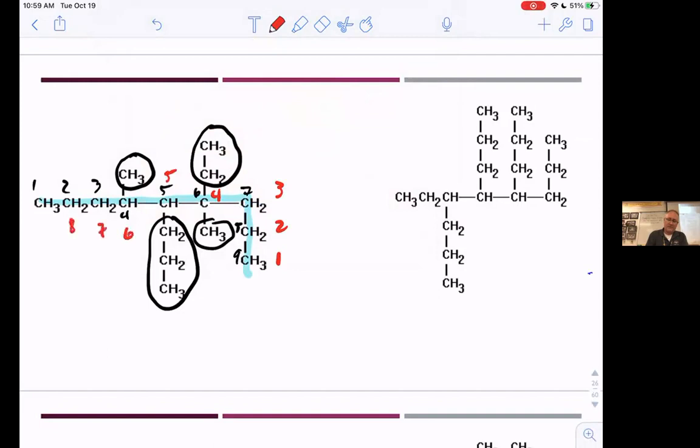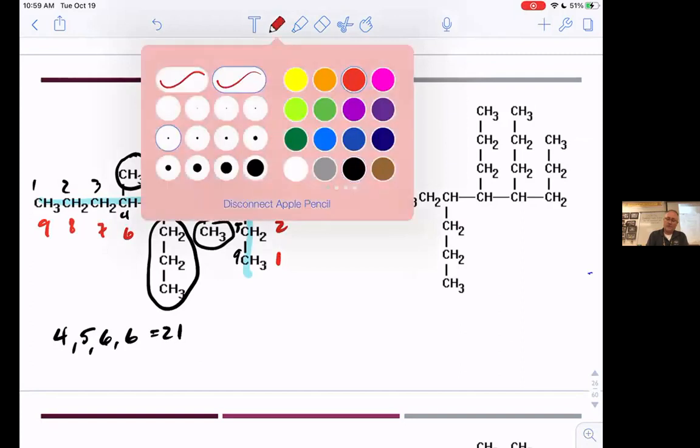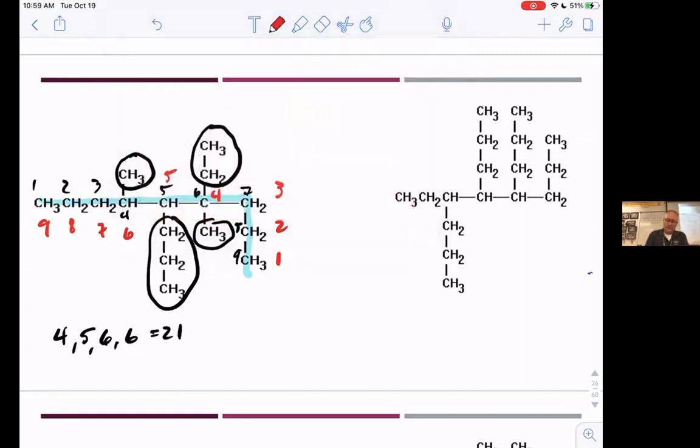6, 7, 8, 9. So let's add up the way with the black pen. If I do that, it's 4, 5, 6, and 6. So that total is what, 21? If I do the red ones here, I've got 2 at 4, so 4, 4, and 5, and then 1 at 6.